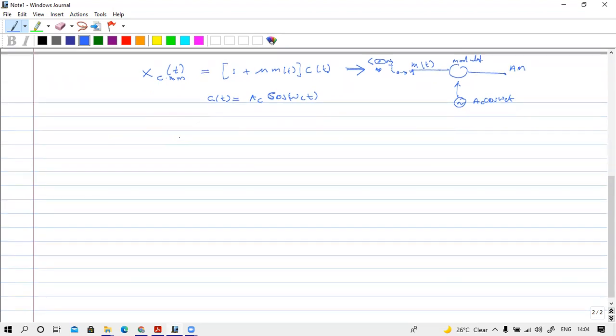If we go further, this c(t) is normally a sinusoidal signal.